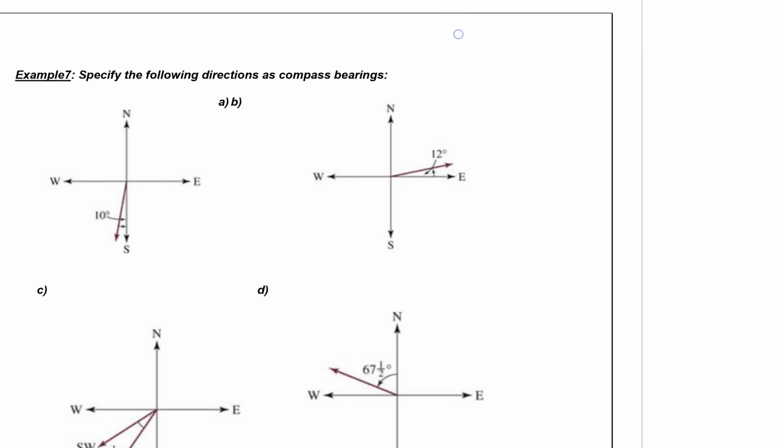Here I've got some diagrams, and I want to describe these directions as 3-figure bearings. 10 degrees more than 180 is 190 degrees.